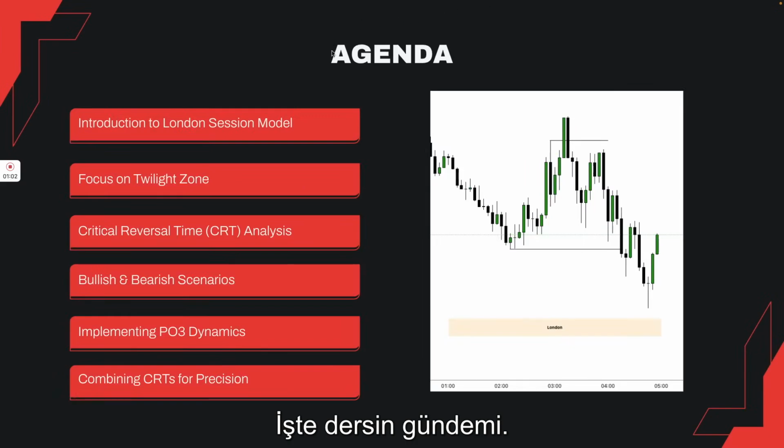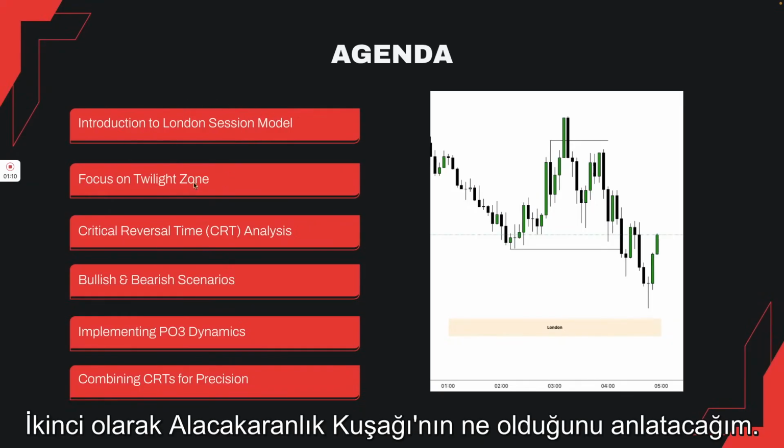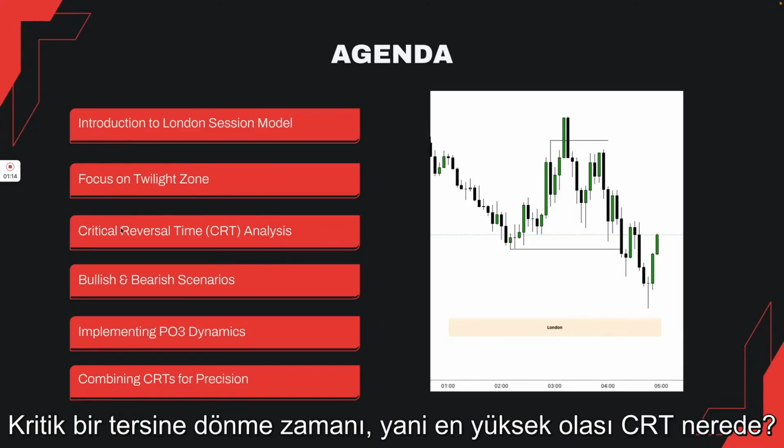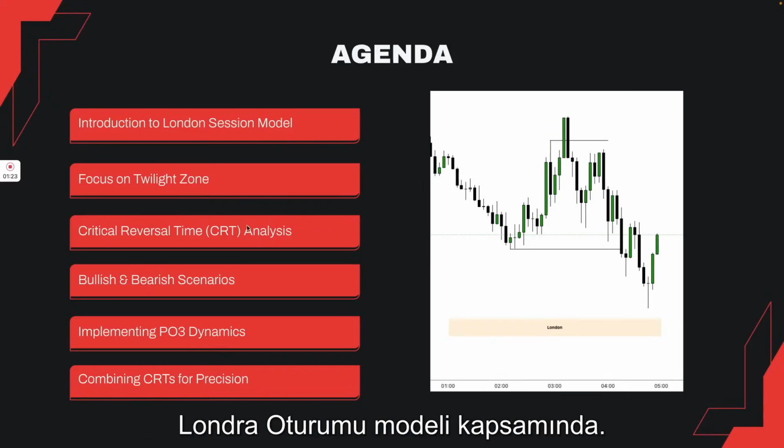So here is the agenda for the lesson. We will have the introduction. Secondly, I will describe what the Twilight Zone is. A critical reversal time, meaning where is the highest probable CRT within the London session model.